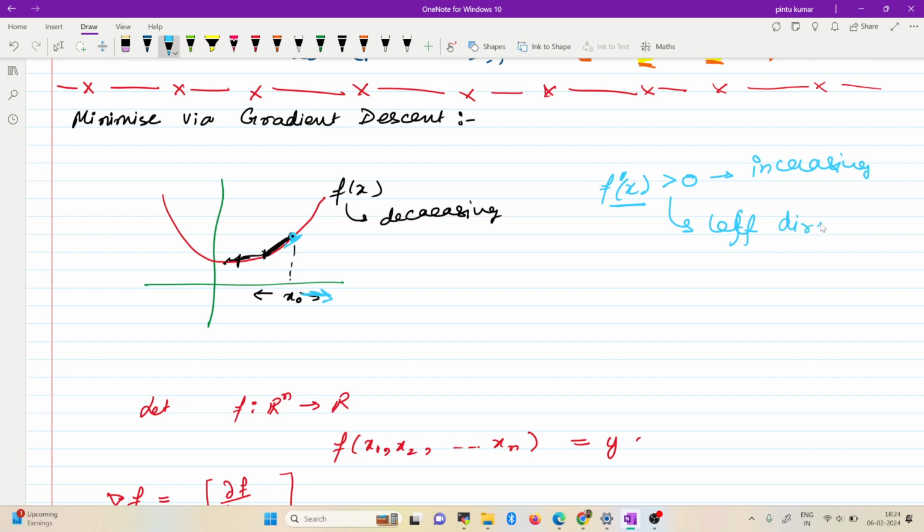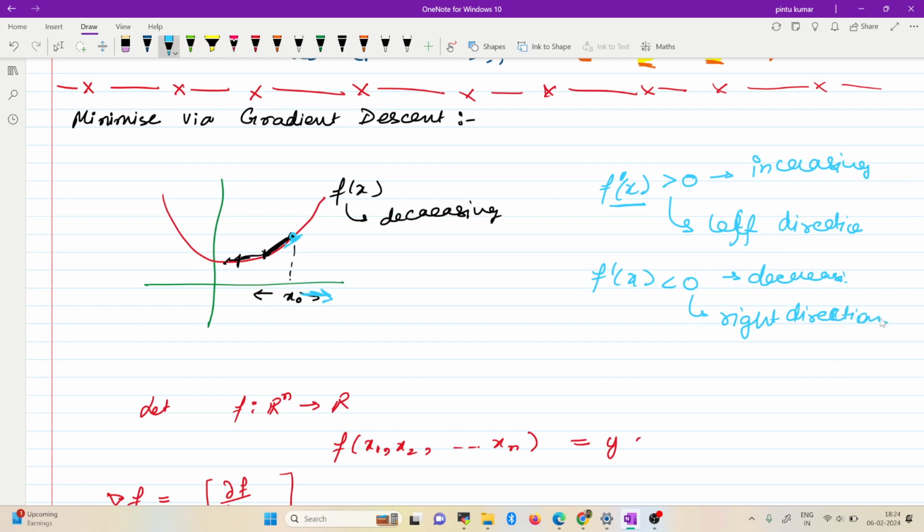And if f dash x is less than 0, then the function is decreasing and you should move towards the right.